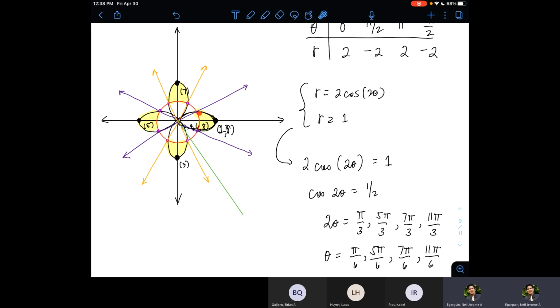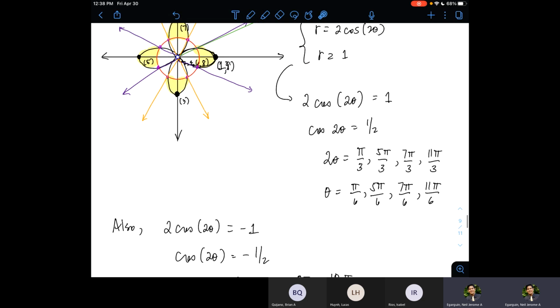So what I can do is compute the area lying on half of one of the petals and multiply everything by 8, right? And the nice thing about that is that here I will integrate from theta equals 0 until the first point of intersection. And what was the first point of intersection? It occurred at pi over 6, right?